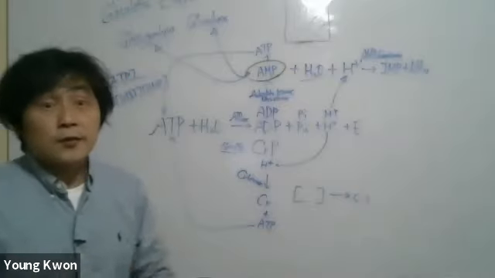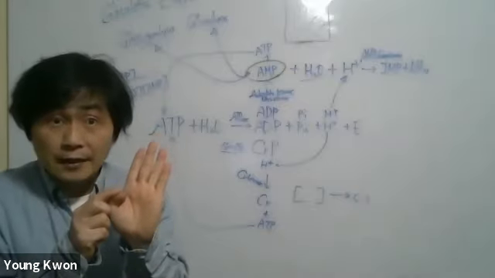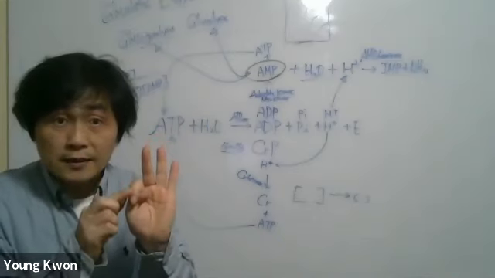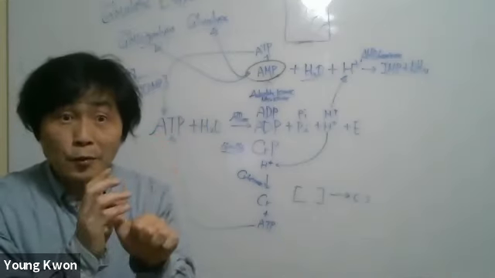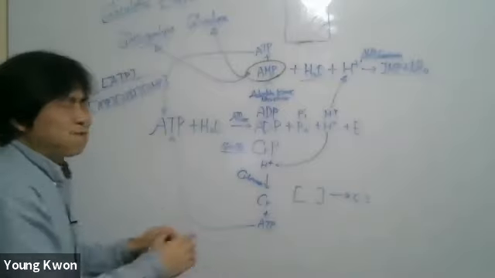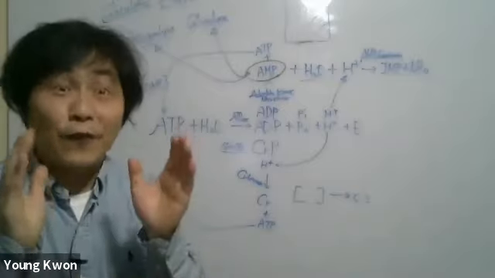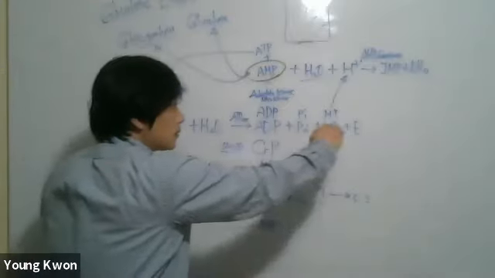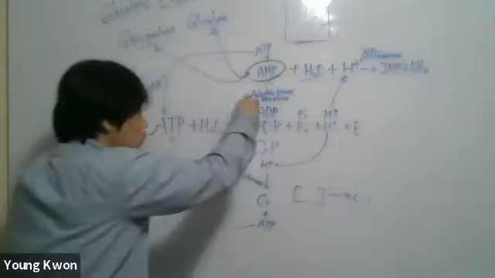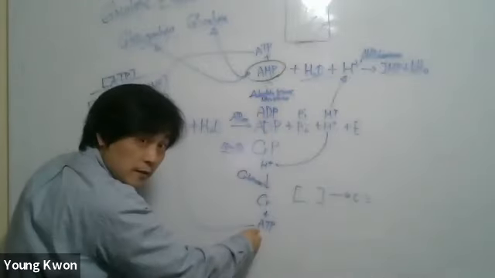There are three energy systems: the Phosphagen energy system, the Glycolytic energy system, and the Mitochondrial respiration system. Today I talk about the Phosphagen system. So ATP hydrolysis, first, creatine kinase reaction.